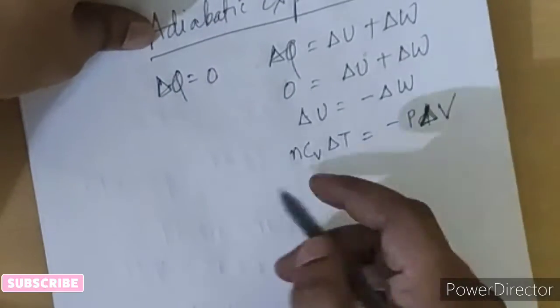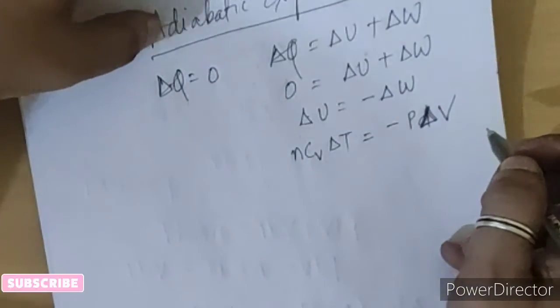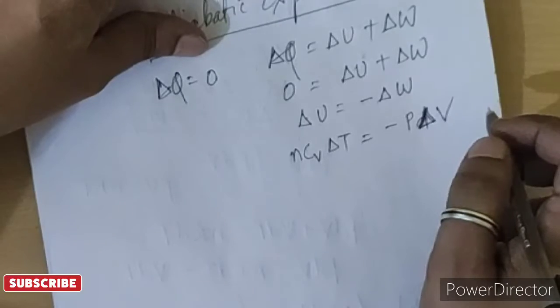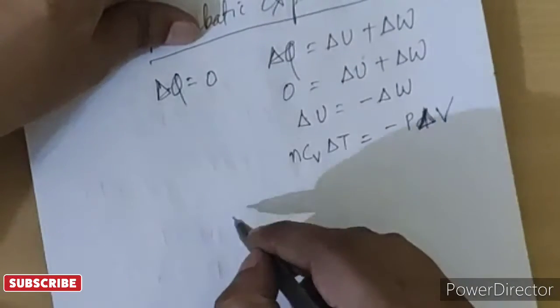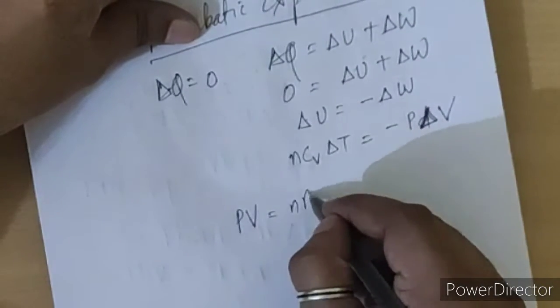Now we have this equation PV is equal to nRT, right?